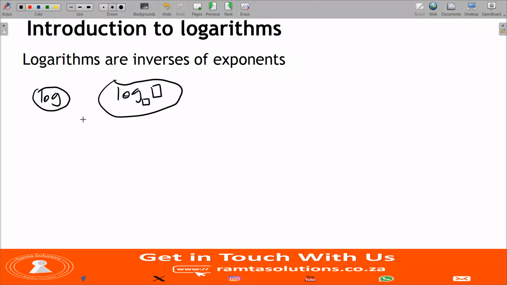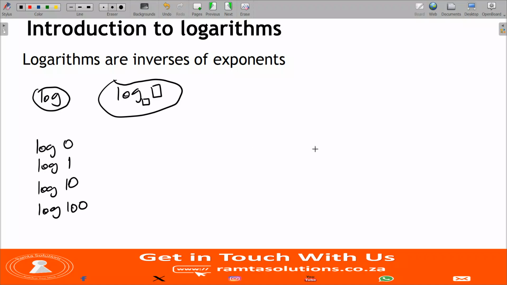Okay, so I want us to try something, guys. I want us to try this on our calculators. We're going to calculate the value of log 0, the value of log 1, the value of log 10, and the value of log 100.